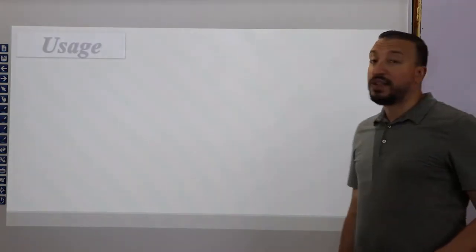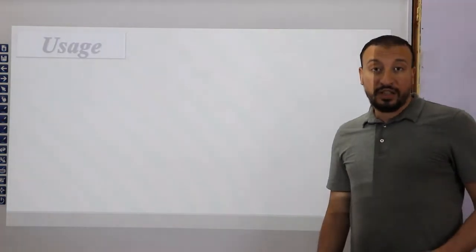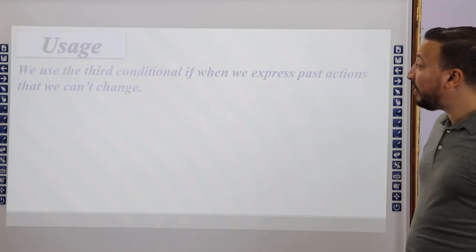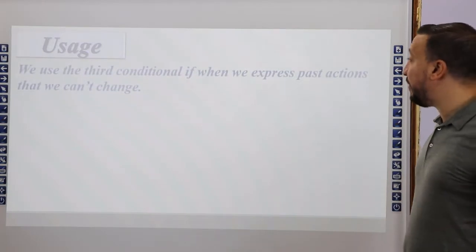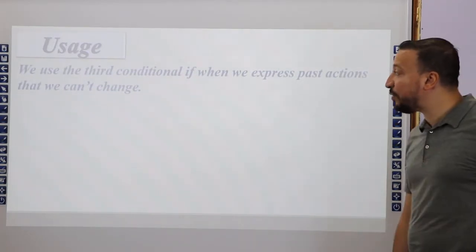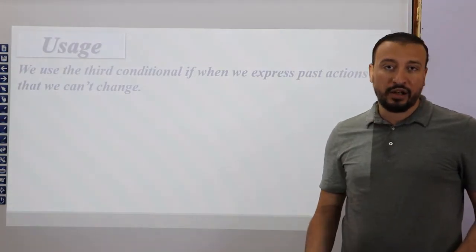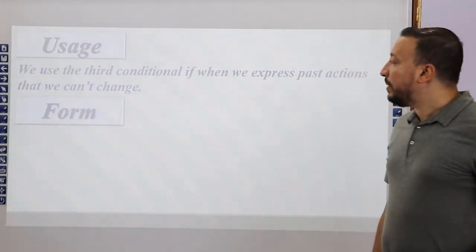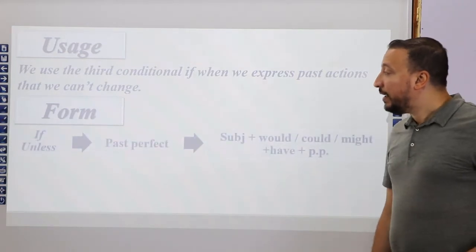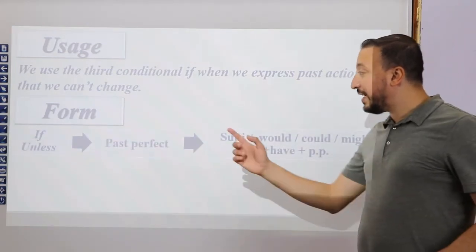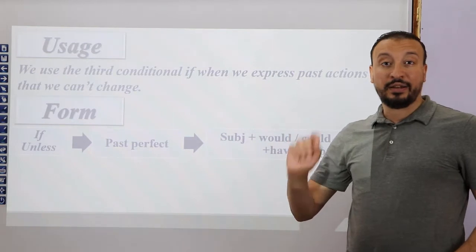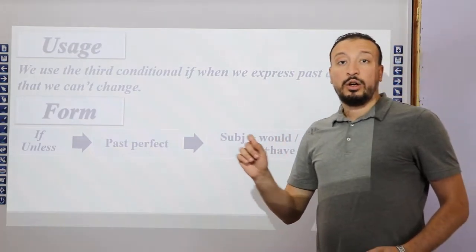Let's start with the usage of this condition. First, we use the third conditional if when we express past actions that we cannot change. It is formed with if or unless. We also took the word unless before: unless equals if not.